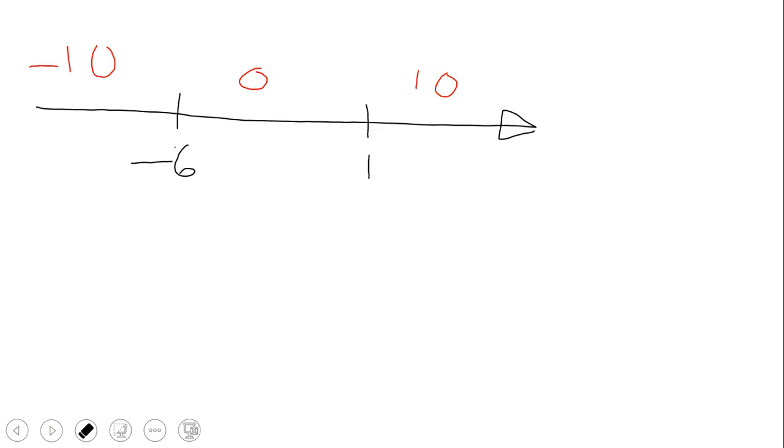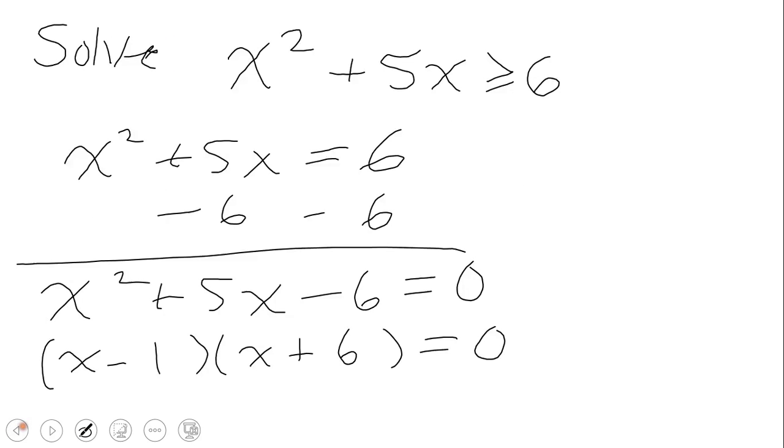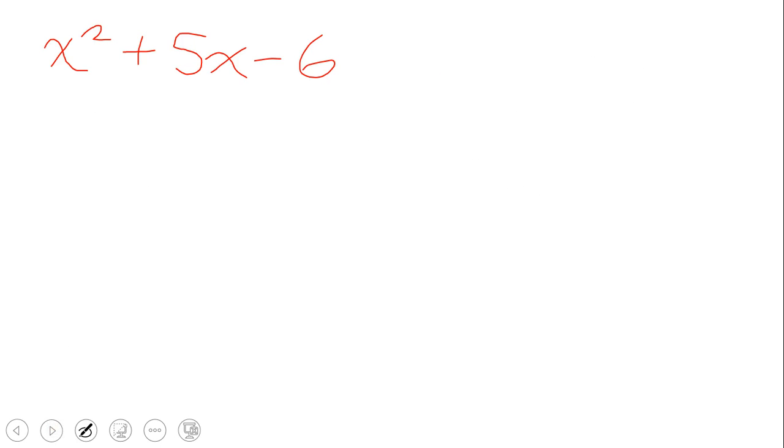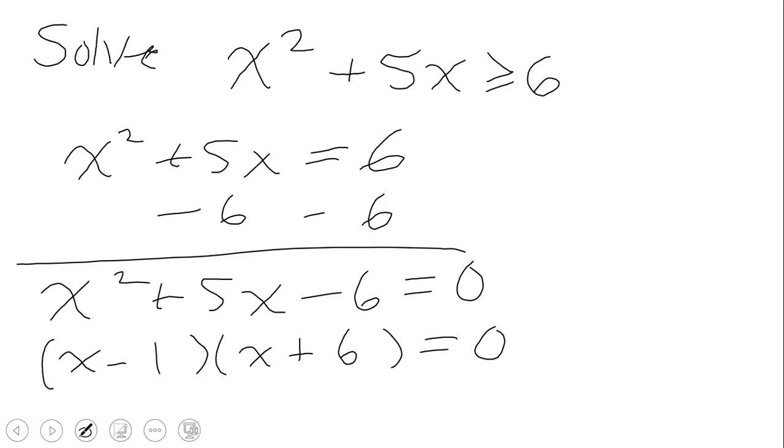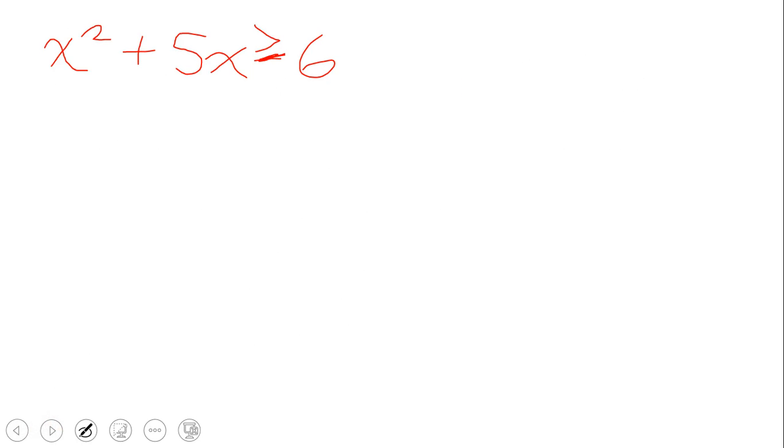So I had x squared plus 5x, which is greater than or equal to 6, is what we started with. So I want to check this now, to see if this actually holds.